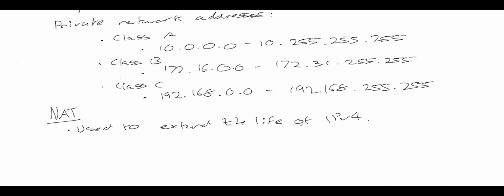So how does it work? Well, it uses a NAT box, and this is a device. It's usually part of routers nowadays, and the NAT box is used to perform a translation between a private IP address and an external public IP address.